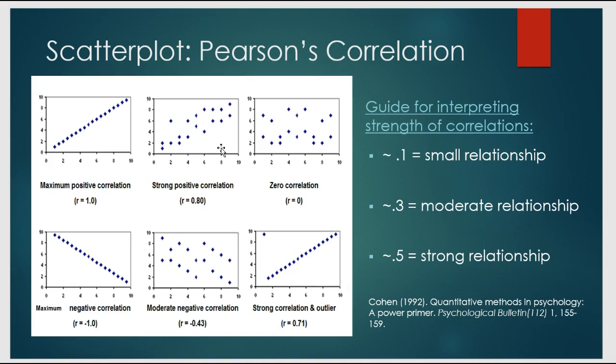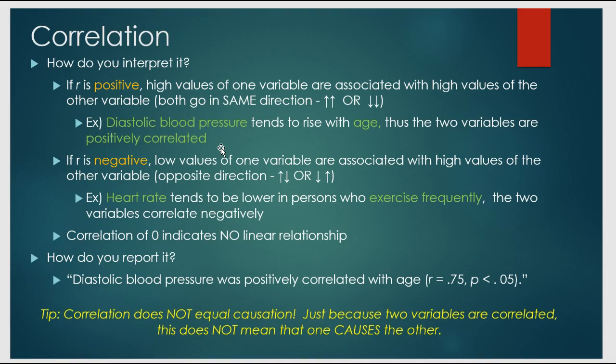Many variables are related somewhat, but not strongly. So if it's positive, they're going the same way. A higher body temperature is related to a higher heart rate. That would be a positive correlation. If a higher body temperature was related to a lower heart rate, you'd have a negative value.